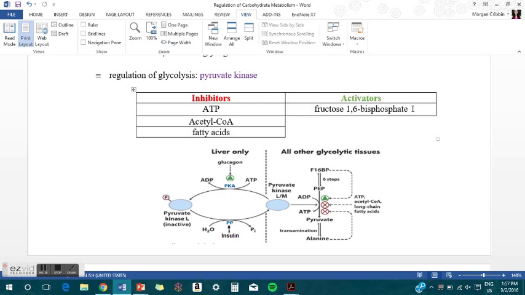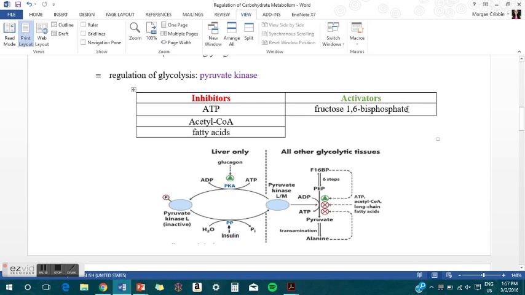Okay. So the activator for pyruvate kinase is going to be fructose 1,6-bisphosphate. This is that molecule that we produce from the phosphofructokinase 1 enzyme reaction. This is that symmetrical molecule that we end up cleaving into the dihydroxyacetone phosphate and glyceraldehyde 3-phosphate.